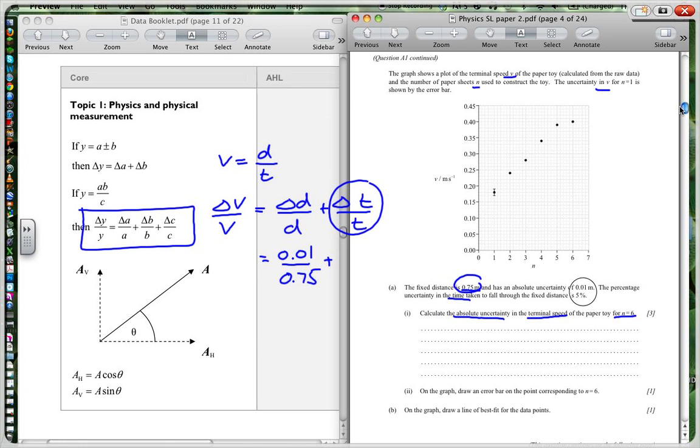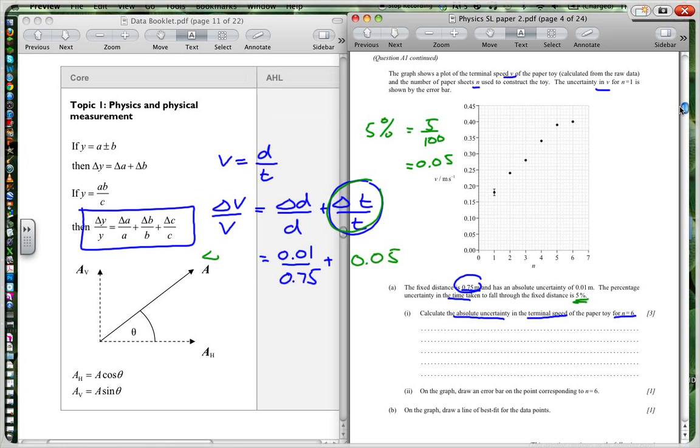When you have your absolute uncertainty divided by your time, you get a relative uncertainty, and when you times that by 100, you get your percentage. So if I wanted to go from 5% back to my relative uncertainty, I just put that 5 over 100, so I'll get 0.05.